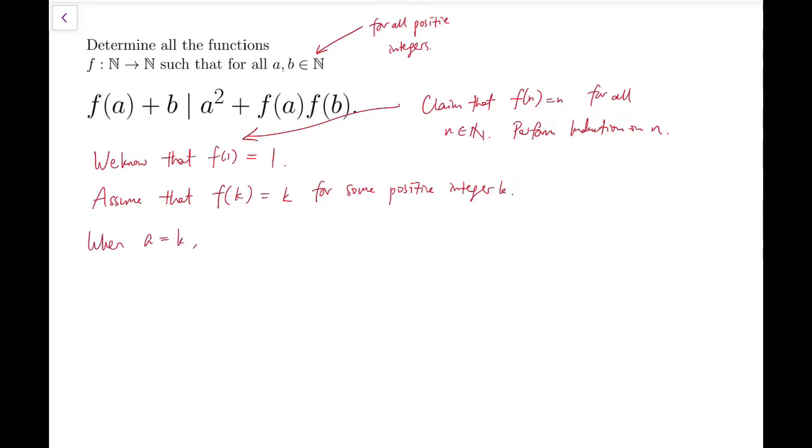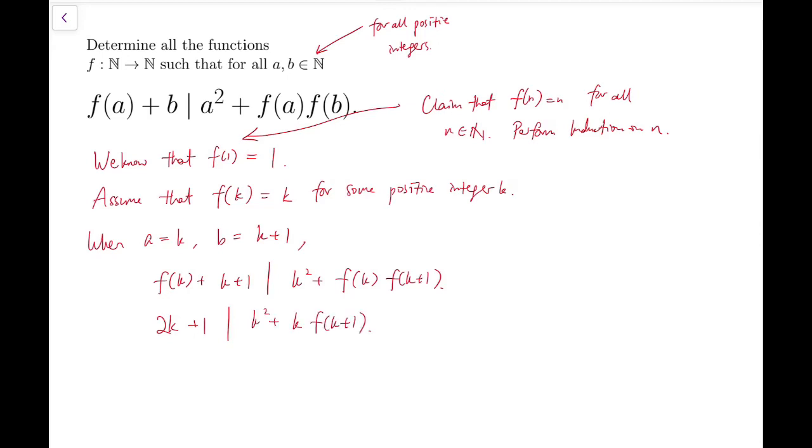So the first thing, when a equals k, b equals k plus 1, then I will have f of k plus k plus 1 divides k squared plus f of k times f of k plus 1. Then it will become 2k plus 1 divides k squared plus k times f of k plus 1.